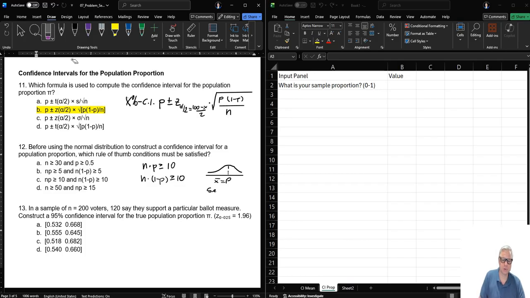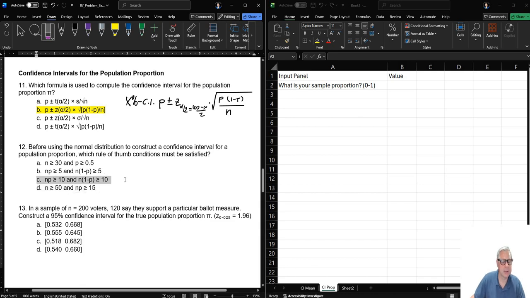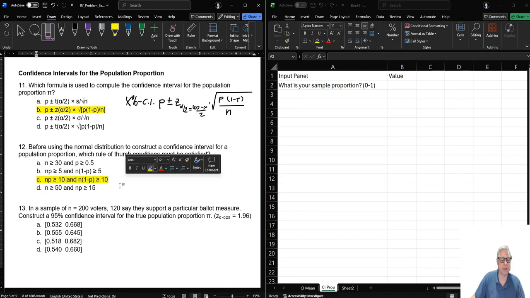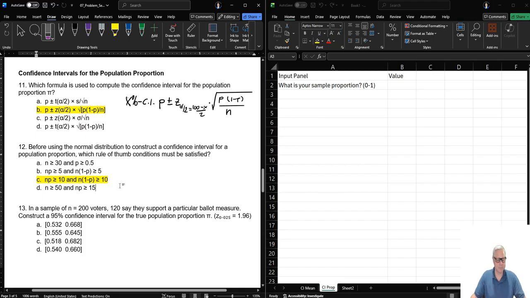So those two conditions are important, and we can incorporate that into our model here. So n times p must be greater than 10, and n times 1 minus p must also be greater than 10.